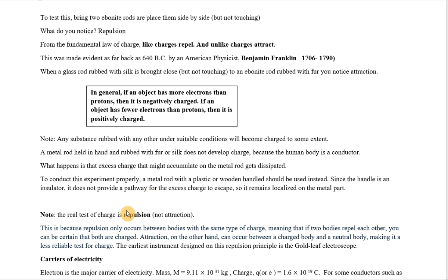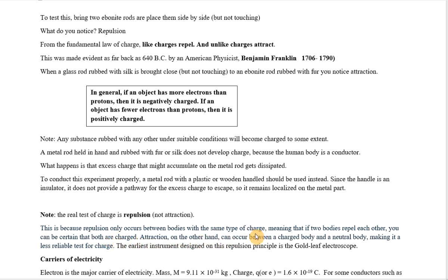Note, the real test of charge is repulsion, not attraction. Why is this so? This is because repulsion only occurs between bodies with the same type of charge, meaning that if two bodies repel each other, you can be certain that they are charged.